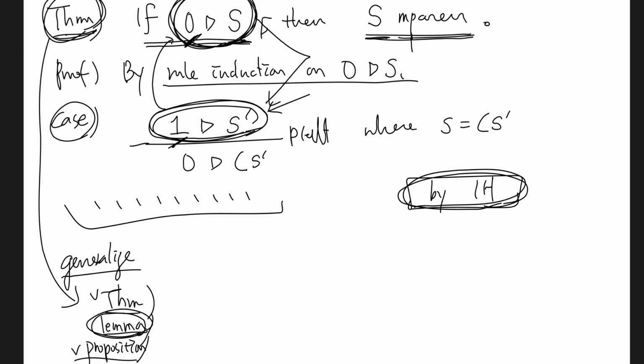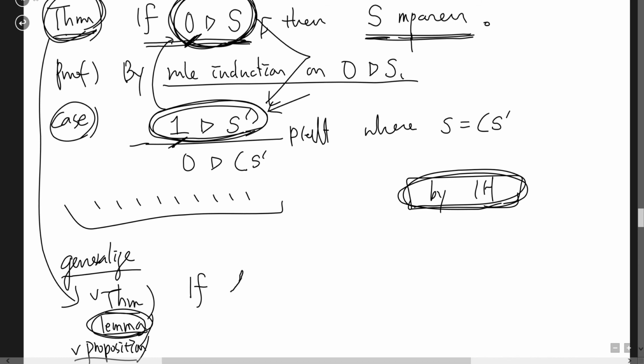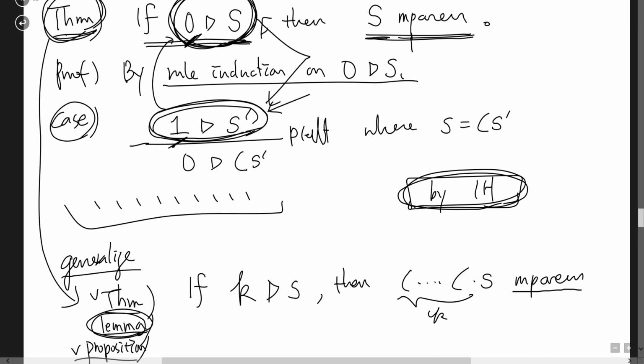In this particular case, we generalize it in this way. If K triangle S holds, then K copies of left parentheses followed by S is recognized by m-parent. This is what we want to prove.